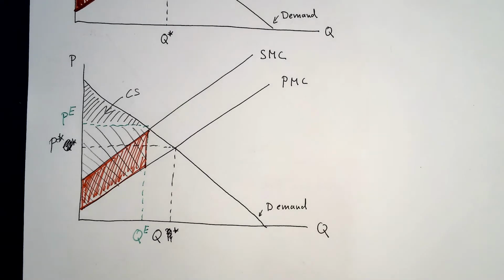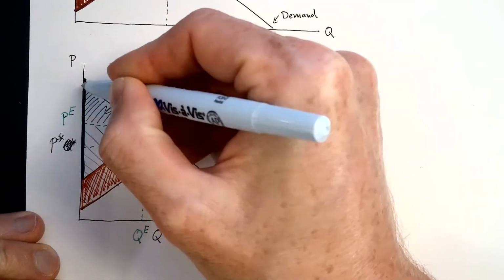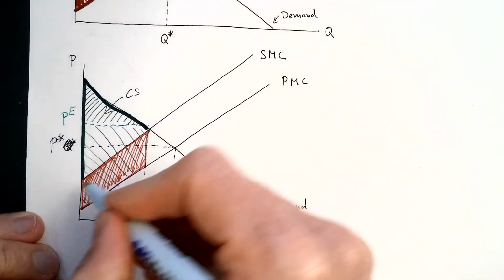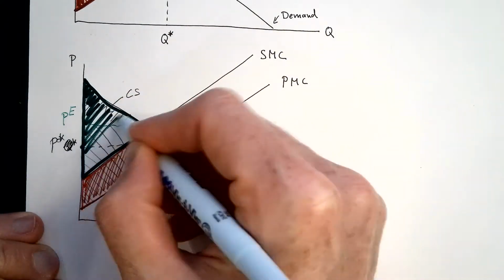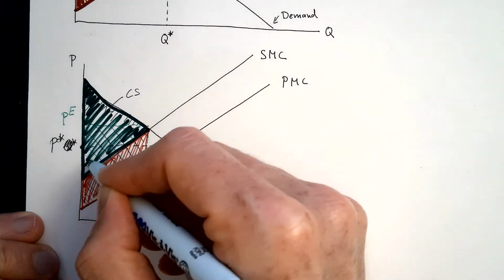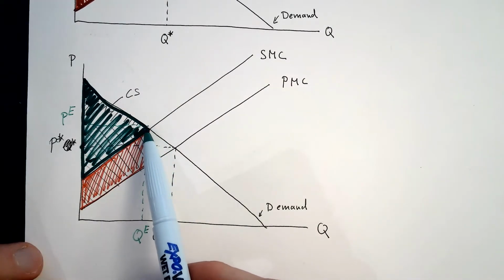Note that what we end up with in this case is the social welfare, which is represented by this triangle here. This is the social welfare at the efficient price and quantity.